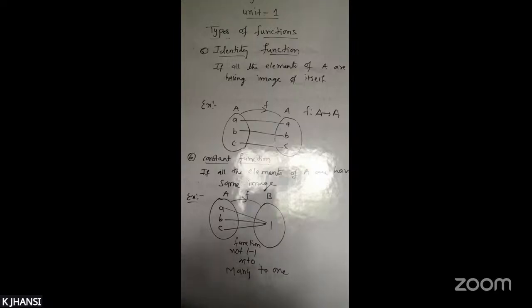Next, composition of functions will be there. Composition of function means, just as you have the multiplication of two numbers, similarly in functions, we call it a composition of two functions. So composition of functions means combining two or more functions. Two functions may be there, or three functions, or four functions, like that. Means more than two functions.